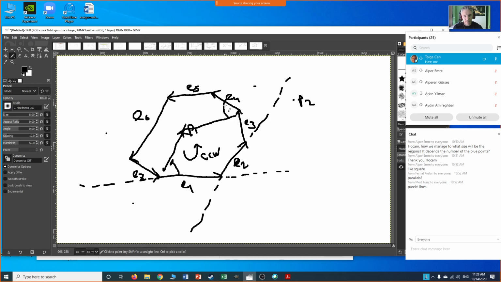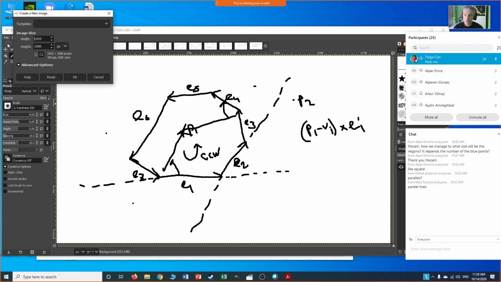When I do the cross product, we should get negative z values. It should be on the left hand side. If the cross product P1 minus Vi cross Ei gives negative values for all of the edges, the point is inside. If any one of them is positive, it means that for that edge, your point is outside the half space, which means that it's totally outside the polygon. So we can use cross product for inclusion, exclusion tests.